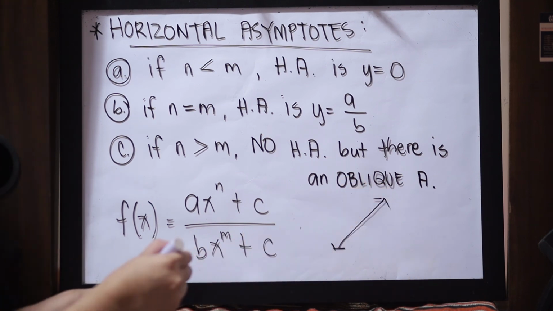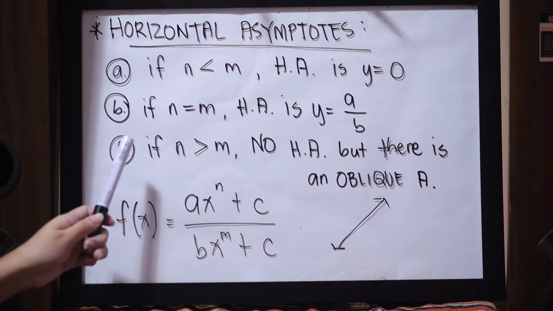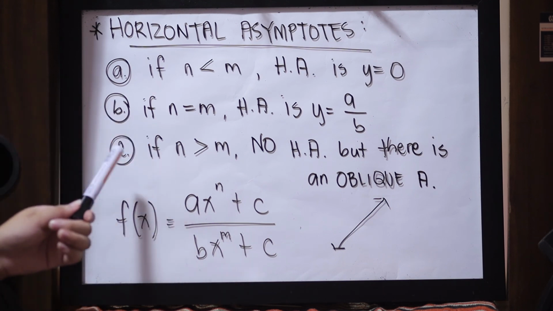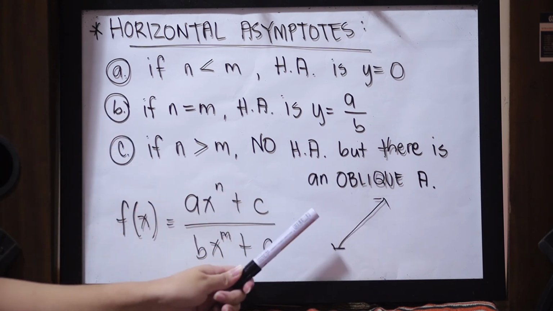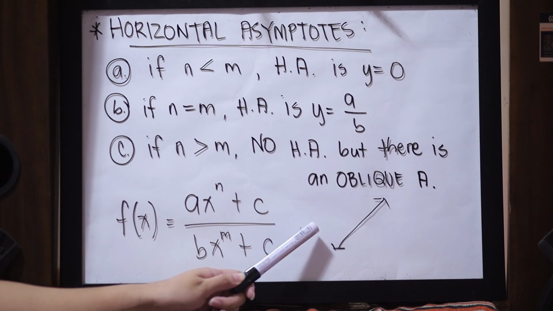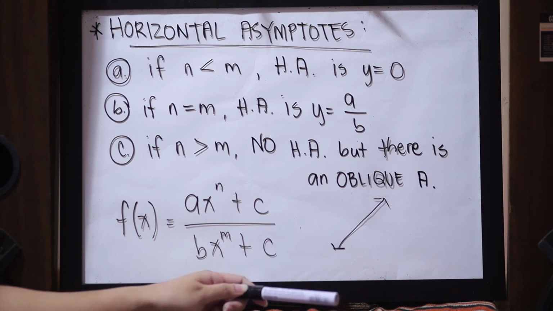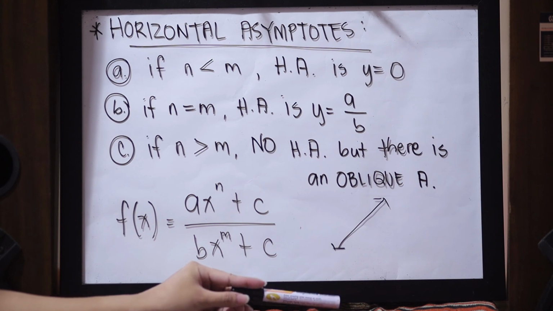Pero, dahil general math lang naman ito, I will not include examples na may oblique asymptote. Okay po? Iiwan ko na lang siya para sa mga STEM students with pre-calculus and basic calculus. Doon nyo to ma-encounter pagka nag-graph kayo ng rational function.